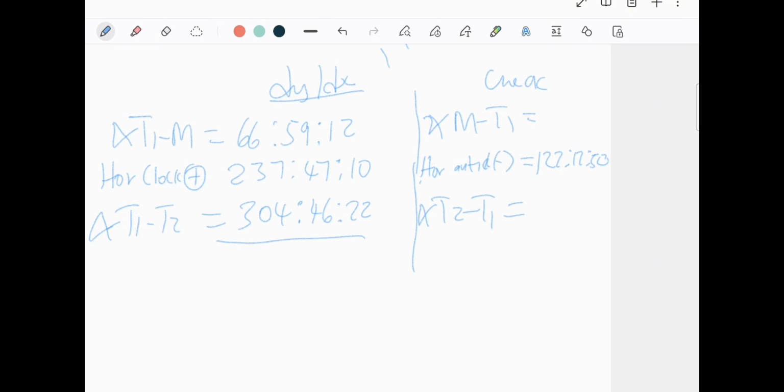If it's more than 180, you subtract 180. So this 66 is less than 180, so to get its partner, the opposite of T1 to M, we add 180.